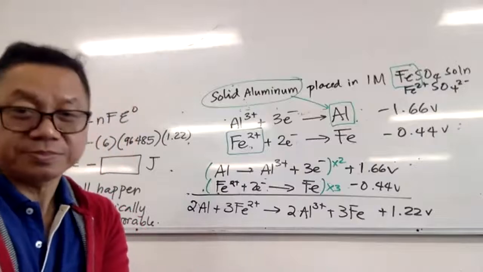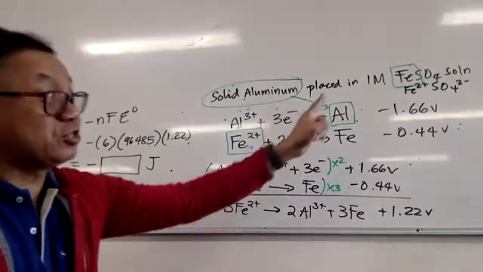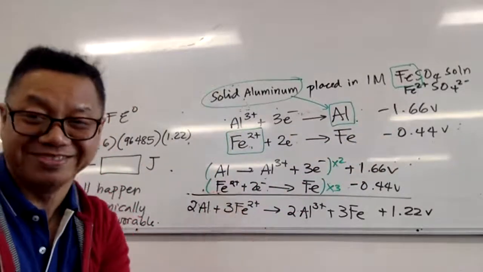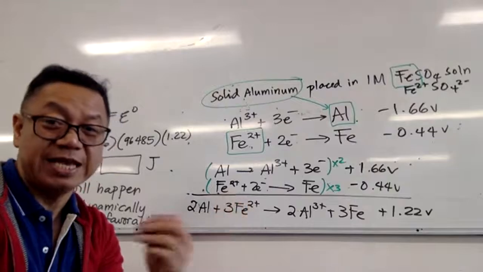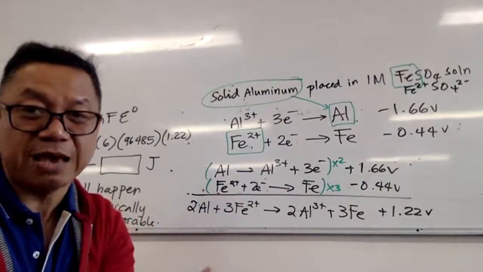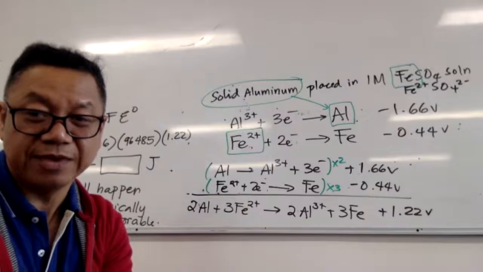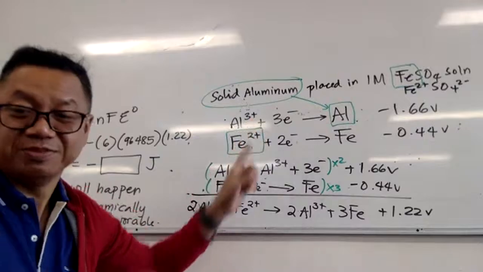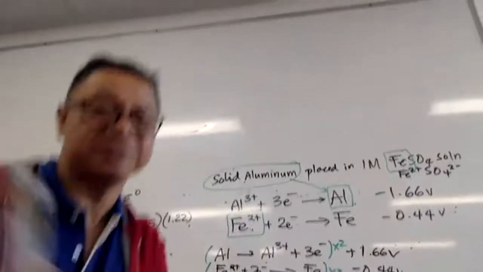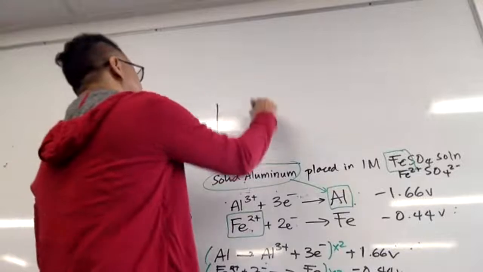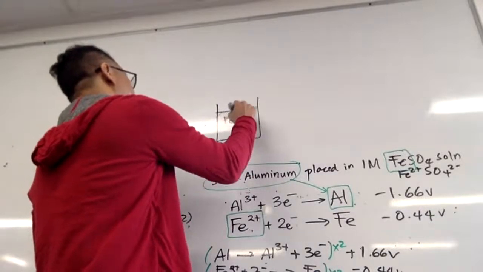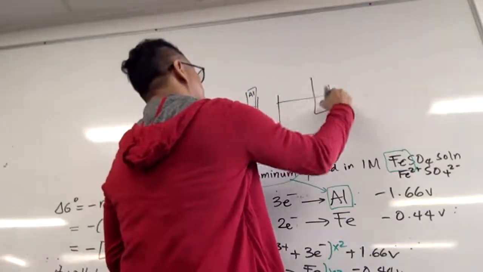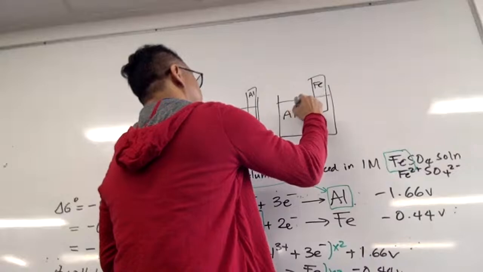So meaning, if I put solid iron in aluminum sulfate, nothing will happen. You see why it is important? Because it predicts if something will happen or not. So iron 2 plus, if you put aluminum, compared to iron in aluminum.